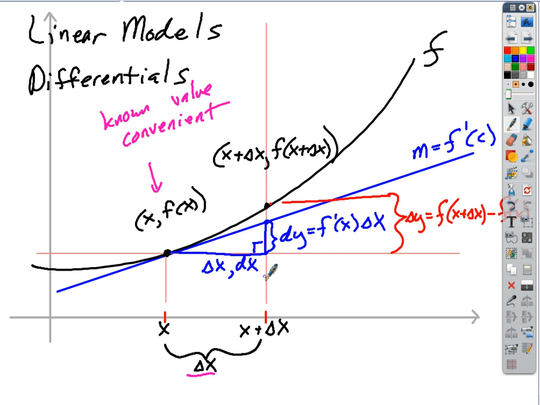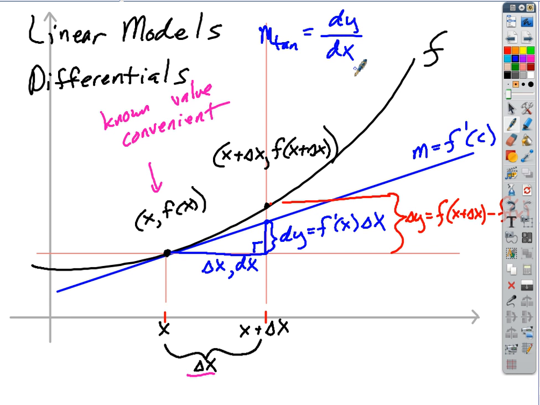And the height is dy, but if we knew the slope of that line, isn't slope just equal to rise over run? Yeah. Right? So this could be a slope triangle, right? We could say that the slope of the tangent line just equals dy over dx, or delta x, whichever one we want to call it.